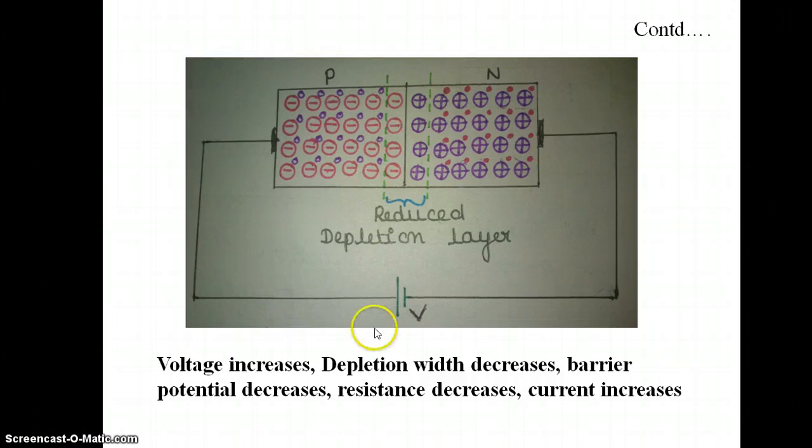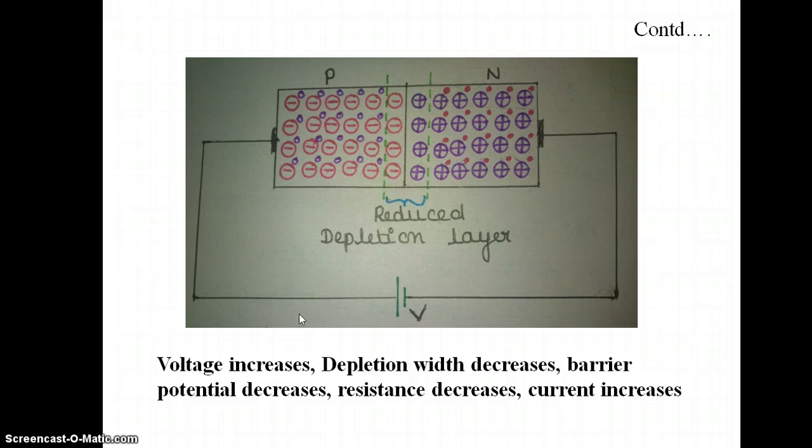The PN junction does not permit the current to flow until the external bias voltage overcomes the barrier potential. When your applied voltage is less than your barrier potential, at that time current does not flow through the PN junction. When your applied voltage exceeds the barrier potential, automatically current will flow through your circuit.